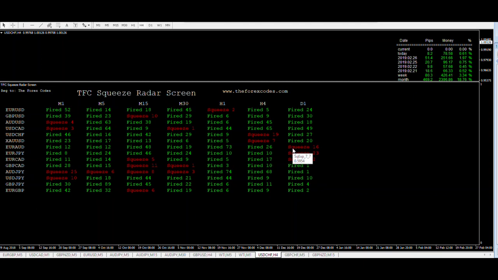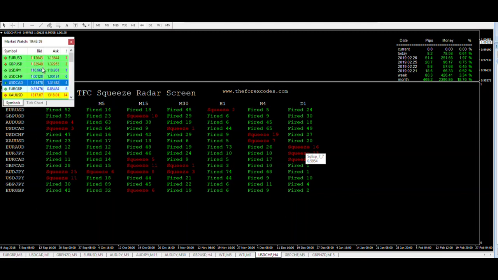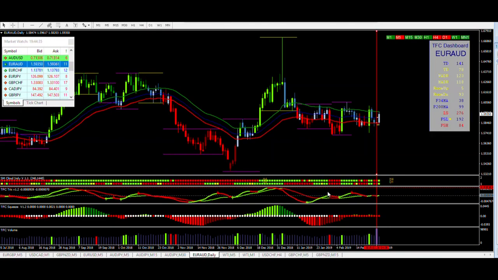If I can get this, I'll put it on unrehearsed, folks. Euro Aussie daily. It's been in a daily squeeze for some time, Euro Aussie. So, let's find it first. And there you see it, Euro Aussie daily chart.